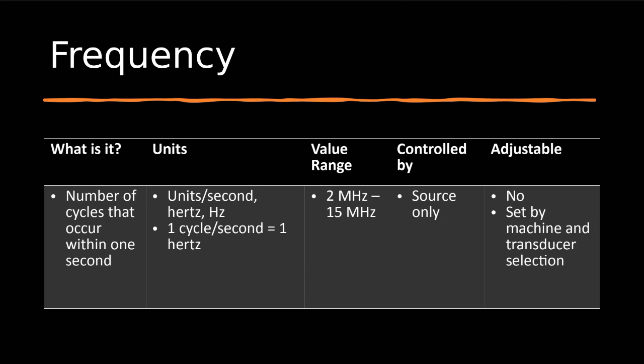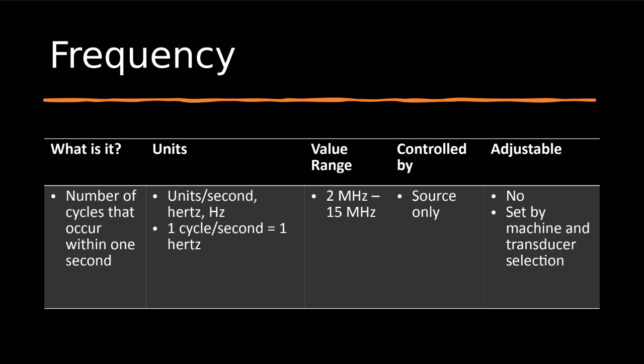That is also something that we talk quite a bit about in terms of relationships to other parameters. The units of frequency are going to be units per second, or what we commonly call hertz. Typically, 1 cycle per second equals 1 hertz.